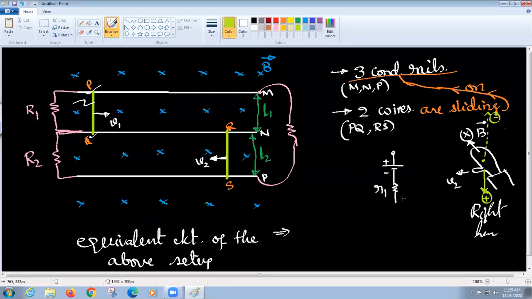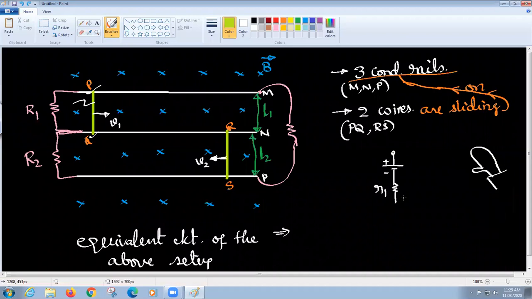So let's remove that. Now what I do, I take RS here. So I have negative potential towards R, or I can connect R here, it's up to you, it doesn't matter.